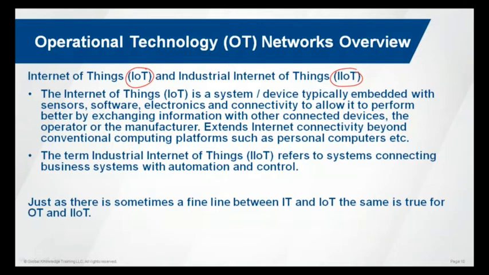But if you move to the industrial space, that same device might be referenced as IIoT, Industrial Internet of Things. That's the only thing I want to highlight in this slide. Devices that we reference as IoT in the IT space might be referenced as IIoT in the industrial space.